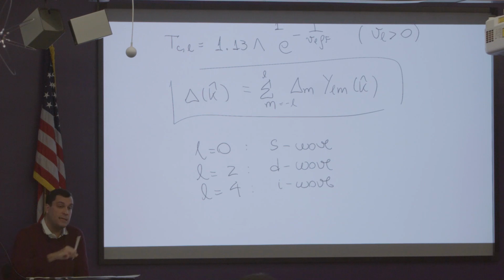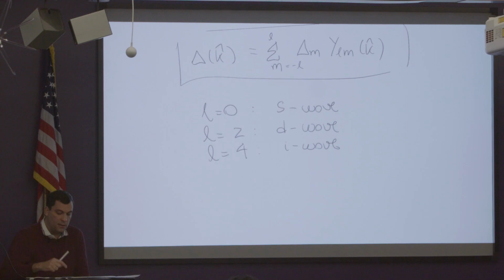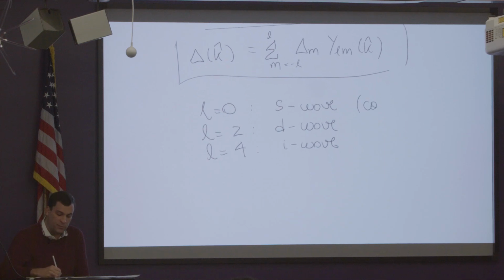I skipped the 1 and 3 because these are odd parity. They have to be solved in the triplet channel, but you can do the same. But what you find is that this is what we call conventional superconductors. Now, I'll be a bit careful to say that you could have unconventional superconductors that are also L equals 0, for example, S plus minus, but for simplicity here, let's just talk about this.